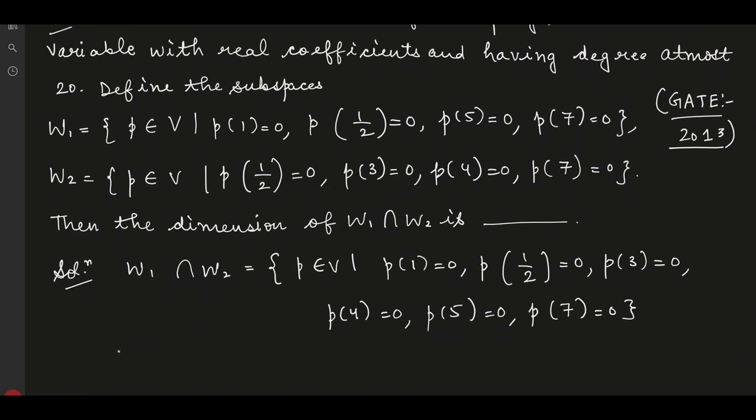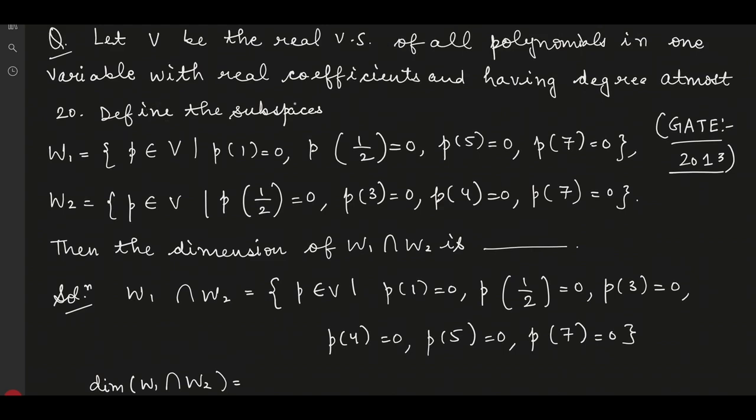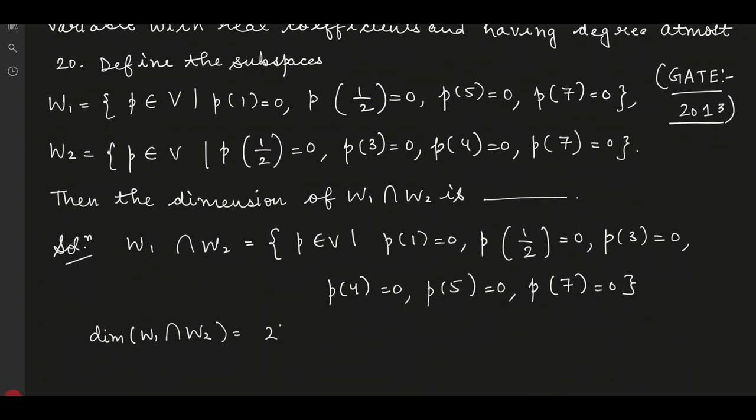So it would be 1, 2, 3, 4, 5, 6, six here. This is polynomials in one variable with real coefficients and having degree at most 20. So the dimension will be n plus 1, that is 20 plus 1, 21, minus the number of linearly independent conditions. There are 6 linearly independent conditions, so 15.